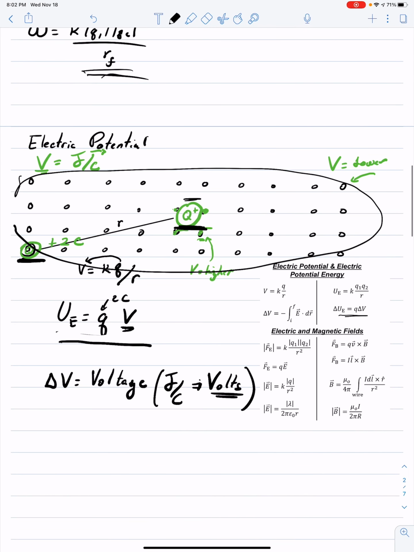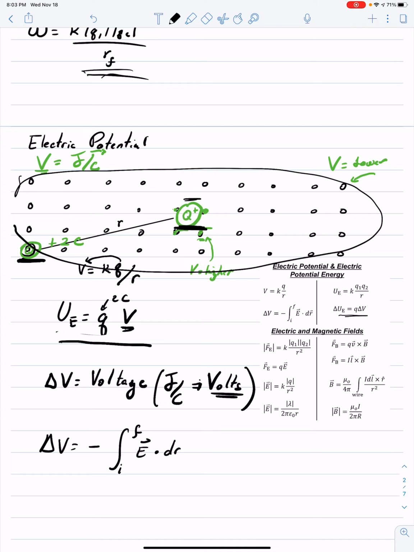I want to do one last thing for you before I go so you can understand how everything is meshing. We talked about electric fields last class. In electric fields, we can write them in terms of the change in electric potential as this. The change in electric potential is equal to the negative integral of the electric field times the infinitesimal distance r.